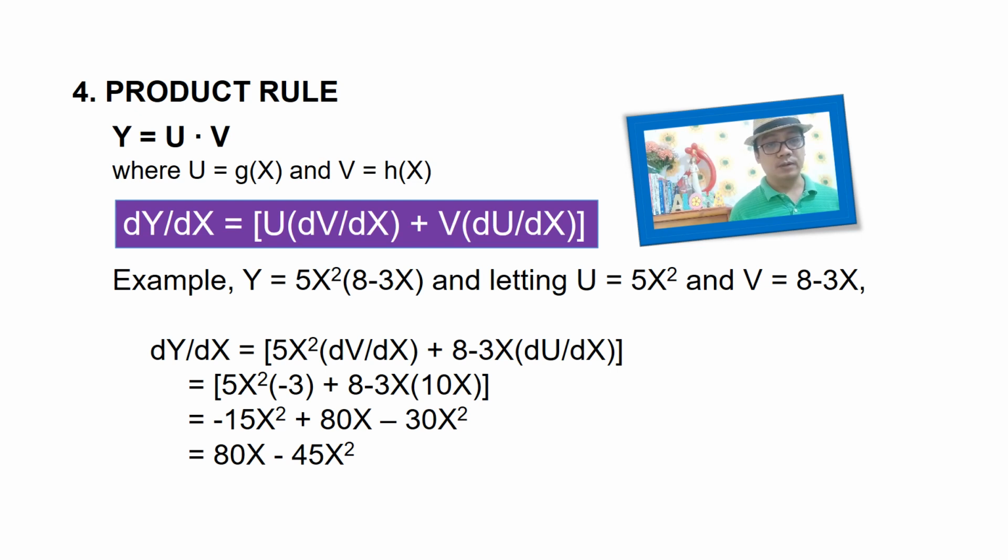For example, for the function y equals 5x squared times quantity 8 minus 3x, and letting u equals 5x squared and v equals 8 minus 3x, the derivative of the function therefore is dy over dx equals 80x minus 45x squared.